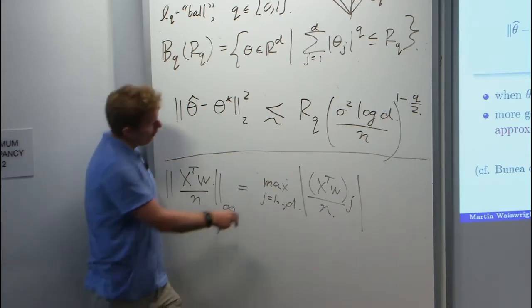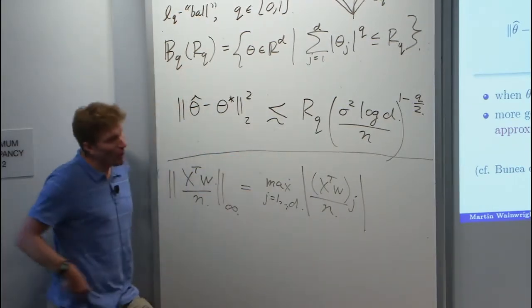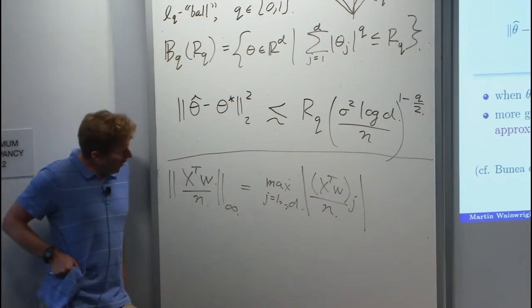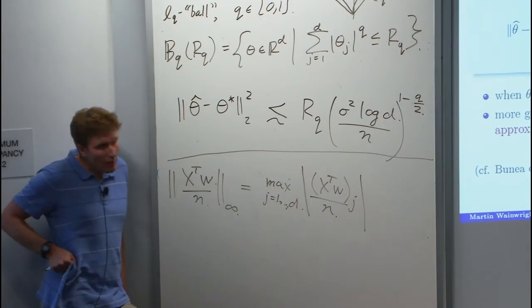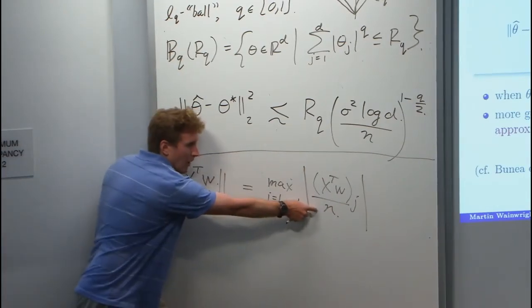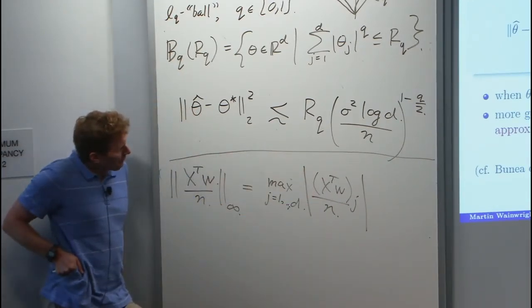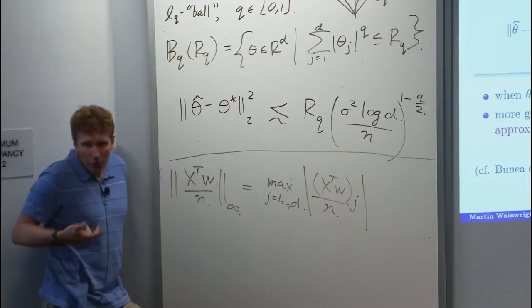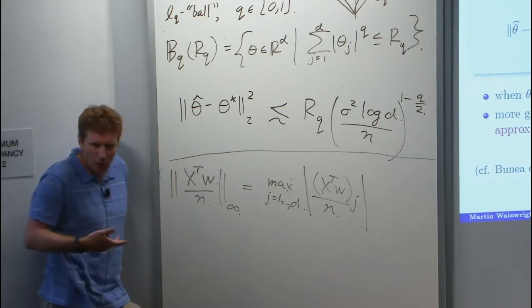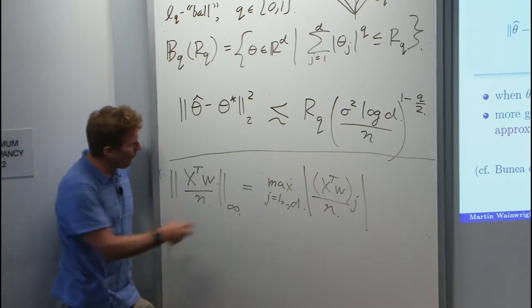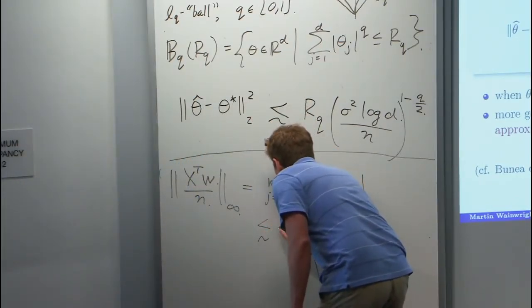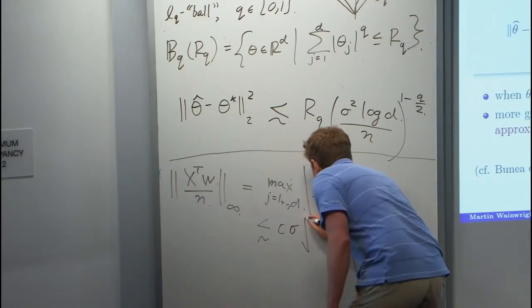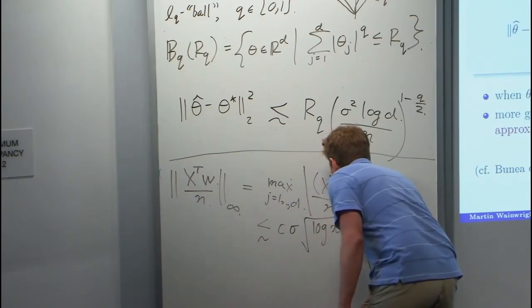But under that condition, what you're looking at is fluctuations of variables that, if they were actually Gaussian, would have variance of the order sigma squared over n, because you have a factor of n there. And you have d of them, so if you do a union bound calculation, with very high probability this is going to be less than a constant times sigma times root log d over n.